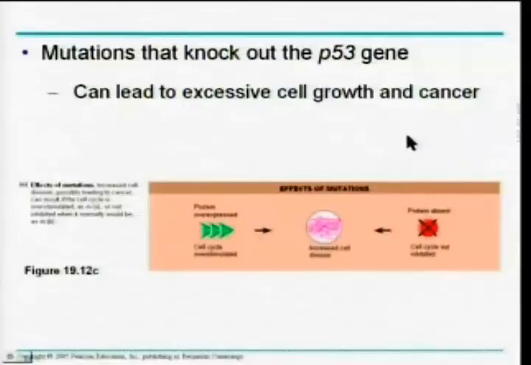We see that illustrated here. The effects of mutations, increased cell division, possibly leading to cancer, can result if the cell cycle is overstimulated, as in A, or not inhibited when it normally would be, as in B. So the effects of mutations can be proteins overexpressed or the cell cycle overstimulated, leading to increased cell division.